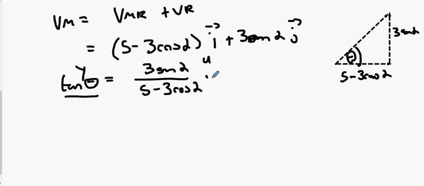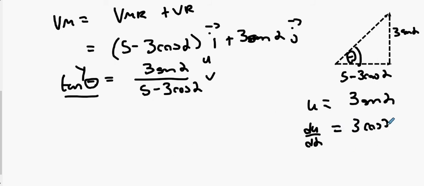U and v. Okay, u is 3 sine alpha. What's the du d alpha in this case? Should probably look at my solutions. 3 cos alpha.